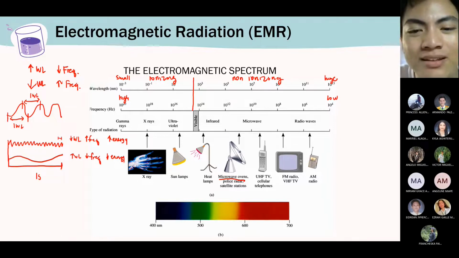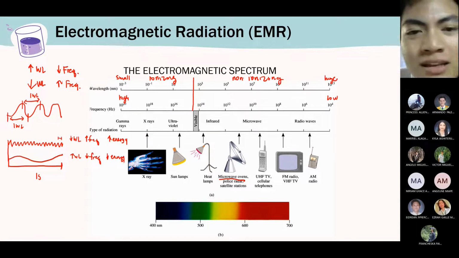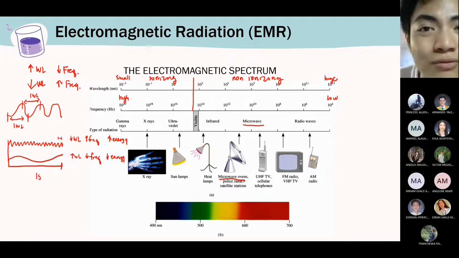Maybe you're already wondering, sir, how can microwaves heat things? Yeah, it heats things, but it's still non-ionizing. Later, I'll emphasize how microwaves heat matter. But for now, just know that starting at microwave, things already get warm.